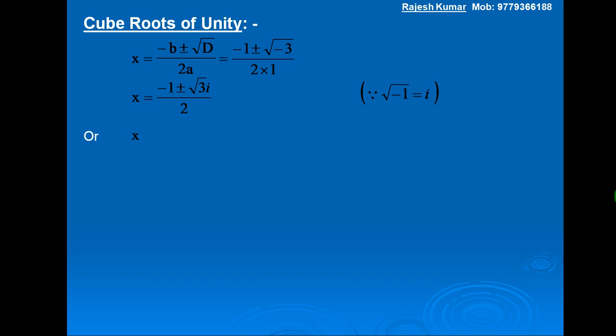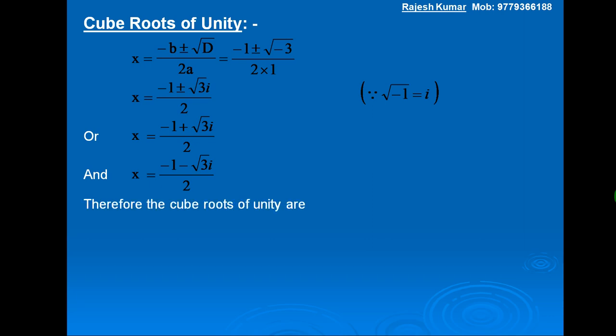So x is equal to minus 1 plus under root 3 iota upon 2, and x is equal to minus 1 minus under root 3 iota upon 2. That means there are two complex roots of cube roots of unity.